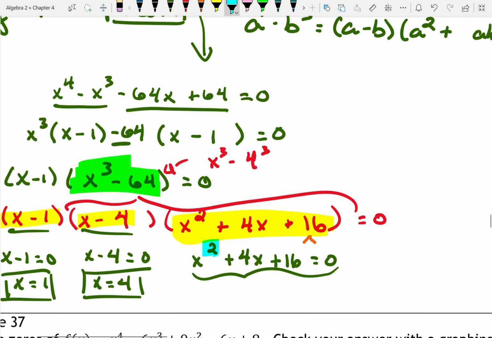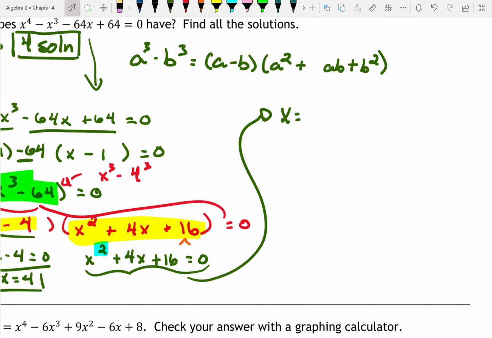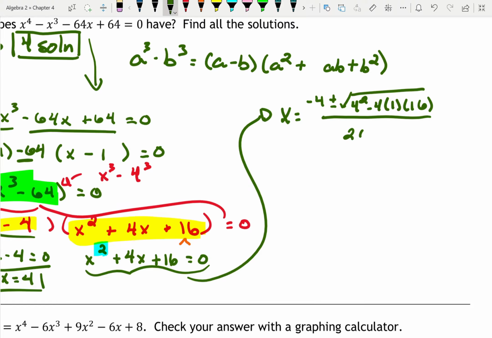Because I can't figure out how to factor it, I'm going to use the quadratic formula. So I'm going to pull this over here, and x equals negative b, so negative 4, plus or minus the square root of b squared, which is 4 squared, minus 4 times 1 times 16, all over 2 times 1.